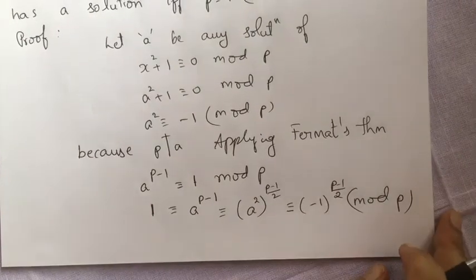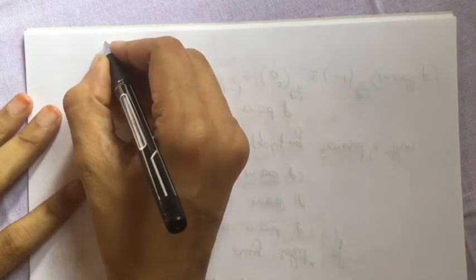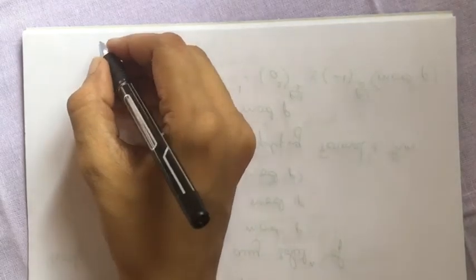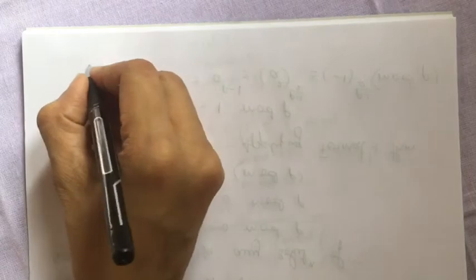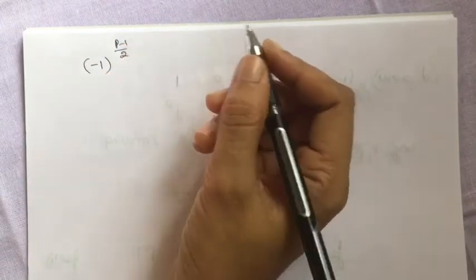Right? Yeah. The possibility of giving values to p: it cannot take 4k plus 3. See, because it is given minus 1 power p minus 1 by 2, right?